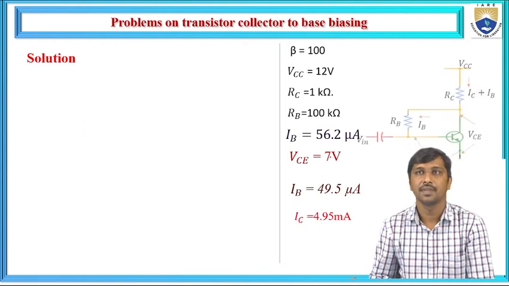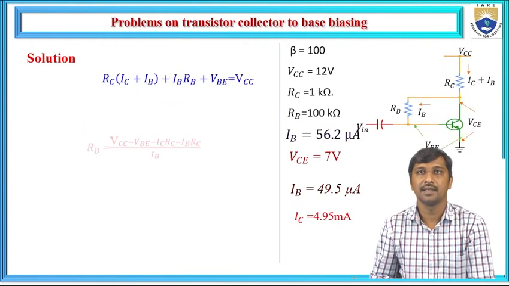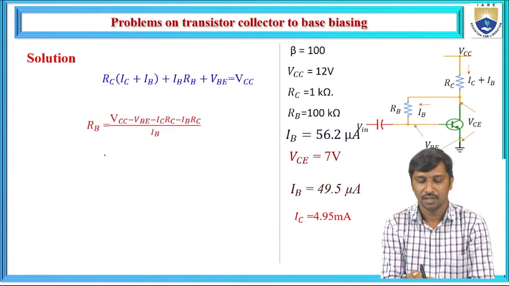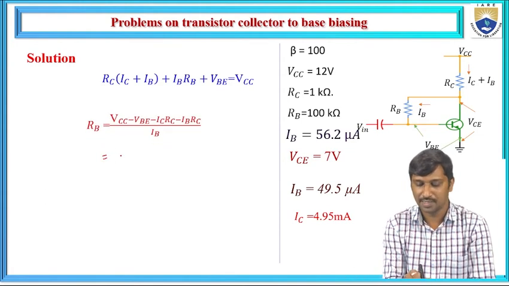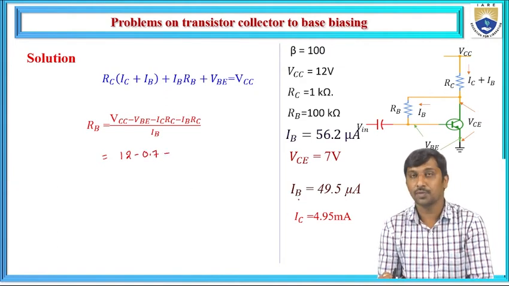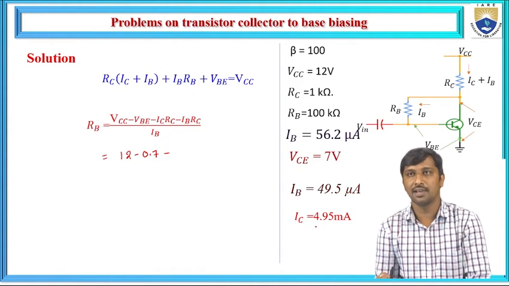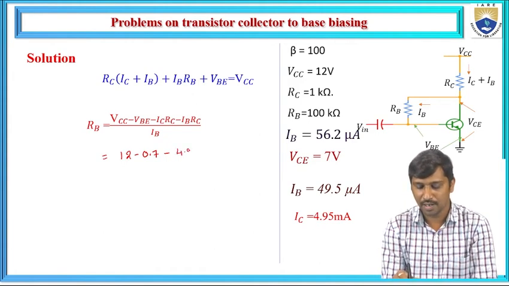For this case, I am going to consider the same RB relation and substitute. VCC is 12, VBE is 0.7, minus IC, and with respect to this base current we got the IC value as 4.95 milliamperes, that is 10 power minus 3.